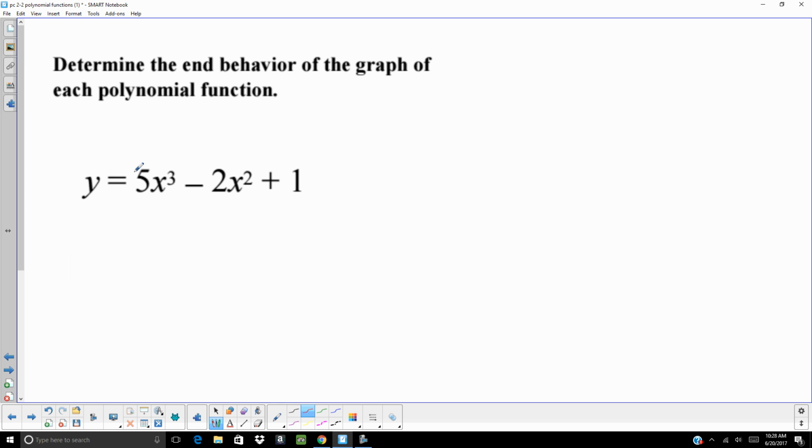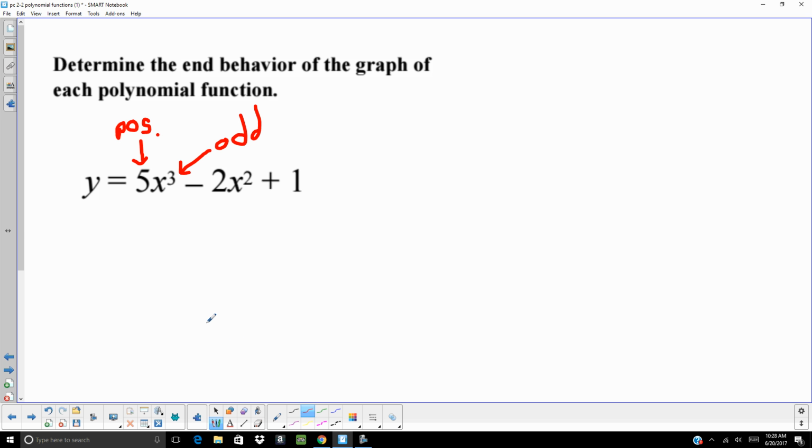So on this one, they're not giving you the graph, they're just giving you the equation. We want to determine the end behavior of the graph. Well, it's positive, and it is an odd degree.